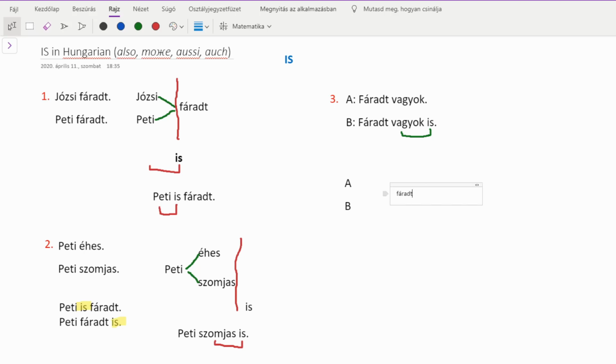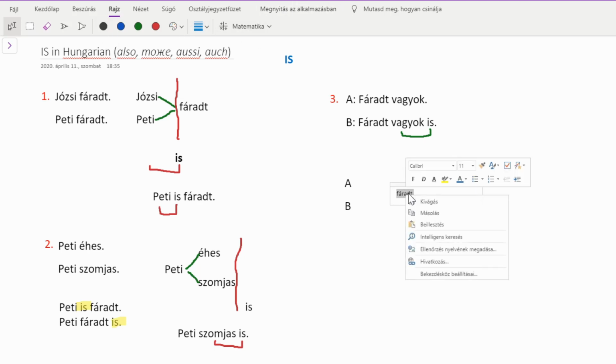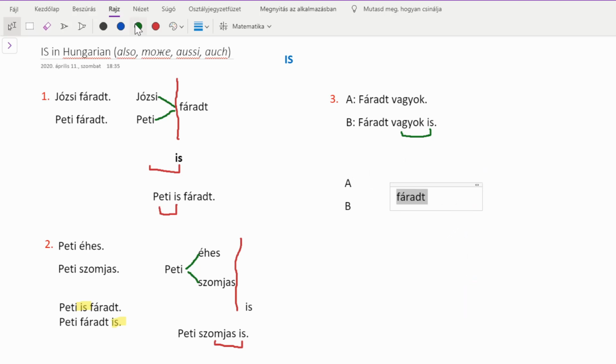So the idea is again that, just like in the first case, we may want to put the ish word here. So there's person A, there's person B, both are tired, and we want to put the ish word here.